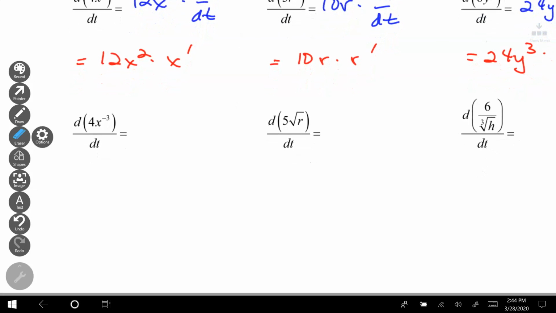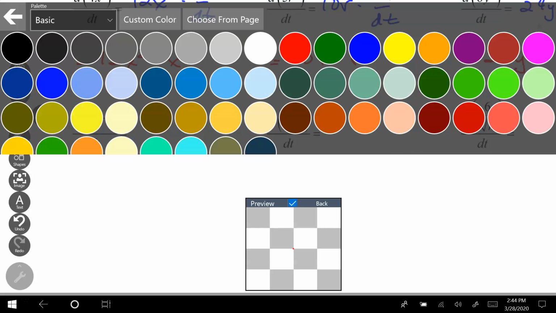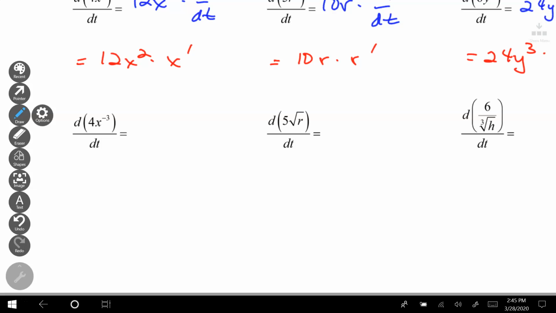Maybe these are a little bit harder because we need to rewrite some of these. This has to be 5r to the 1/2. This has to be 6h to the negative 1/3 before I take its derivative.